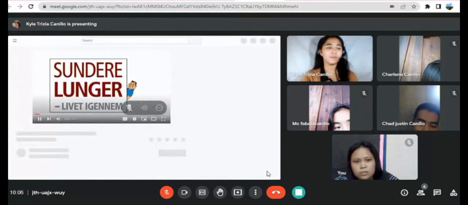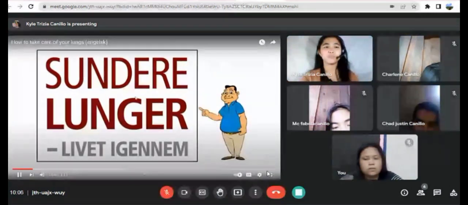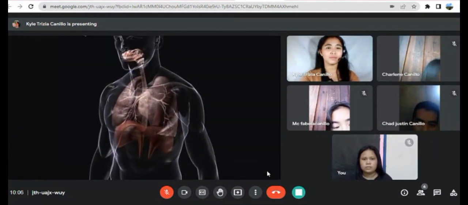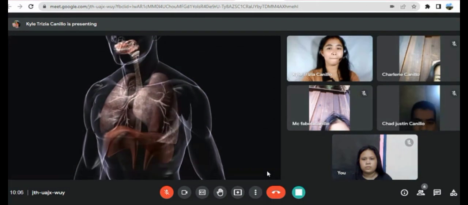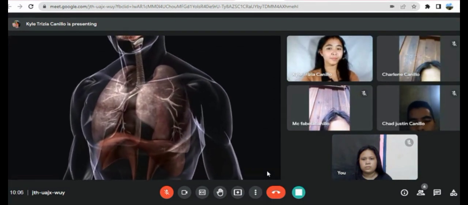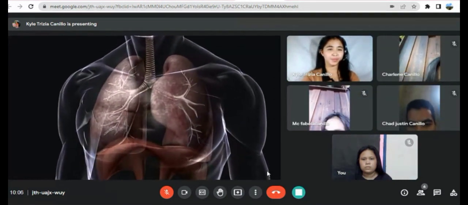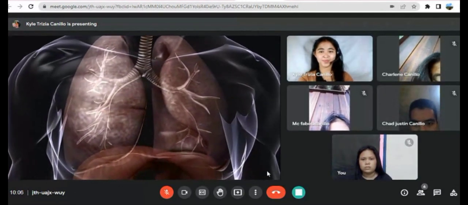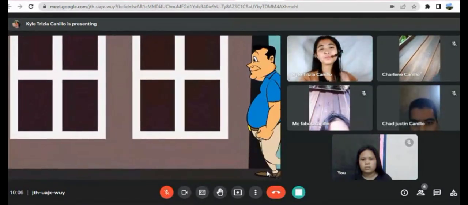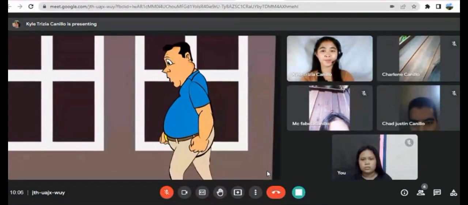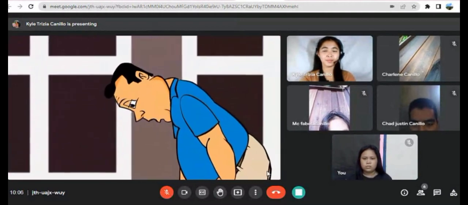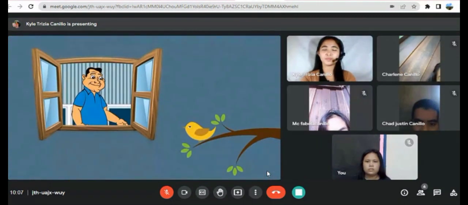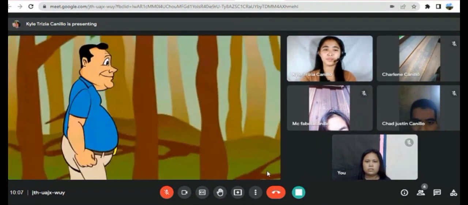A lifetime of healthier lungs. When you breathe, it's your lungs that are working. Air is pumped in and out of your lungs roughly 20,000 times every day. Thanks to your lungs, oxygen reaches your brain and your muscles, which keep you fit and healthy. If you've ever felt breathless or had difficulty breathing, you'll know it's not a nice feeling. You can take care of your lungs by opening your windows to air out the room, or by going for a walk.